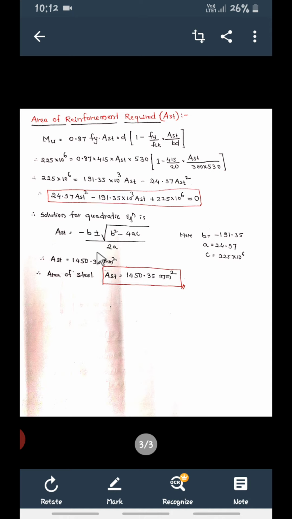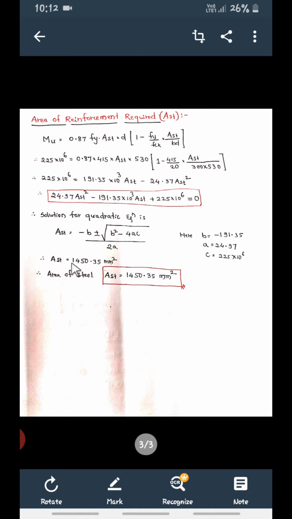Here we are going to get two Ast values. One is minus b plus all these terms. Second is minus b minus this term. Because here it is plus or minus, once you substitute the plus sign, next you substitute the minus sign. So we are going to get two values of Ast.